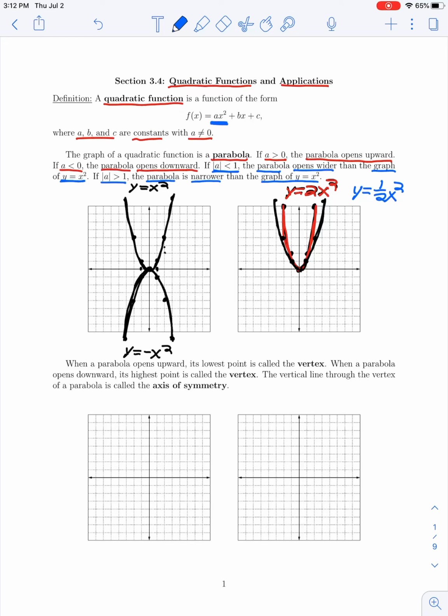So here, when x is 0, y is 0, so we're still passing through the origin. When x is equal to 1, we would have a value of 1/2. When x is equal to 2, we would have a y value of 2. When x is equal to 3, we would have 9/2 or 4.5.